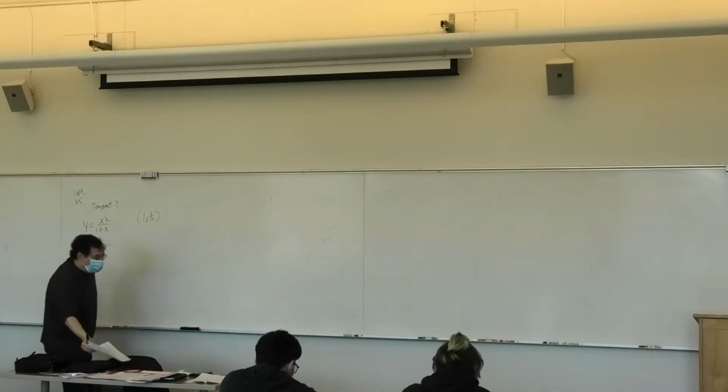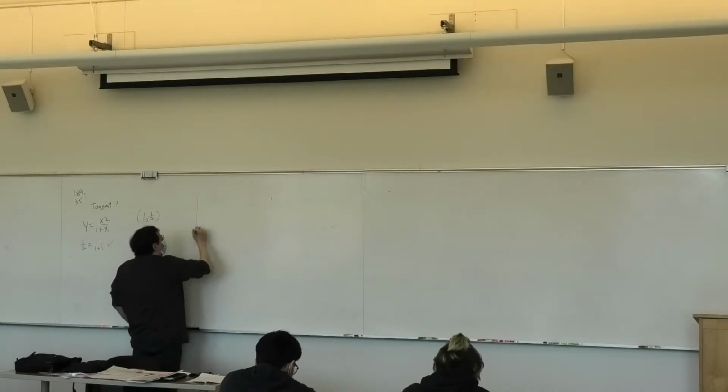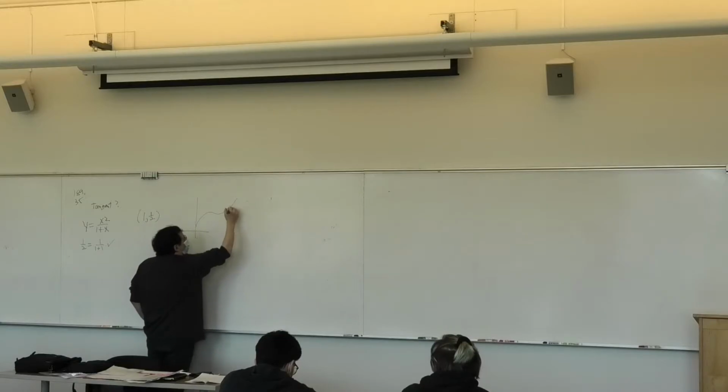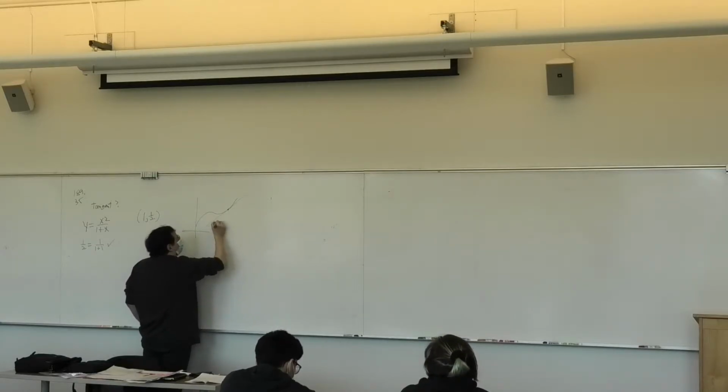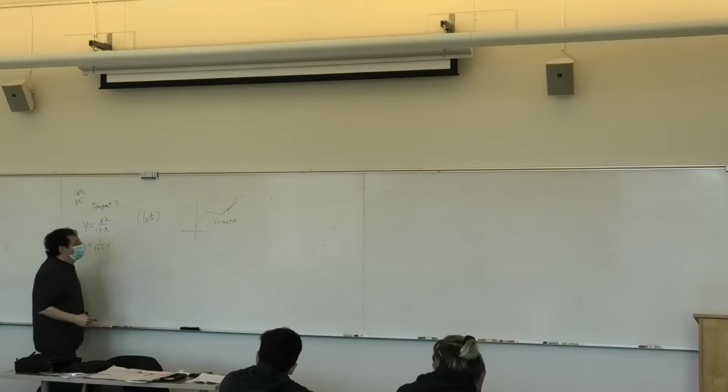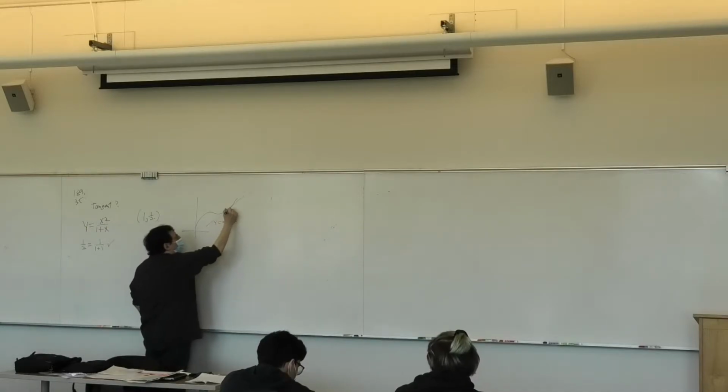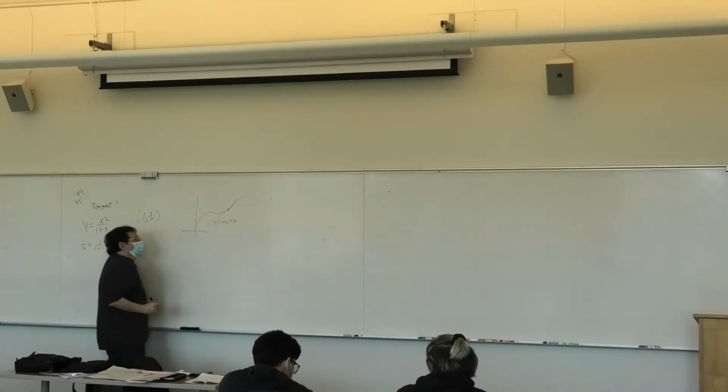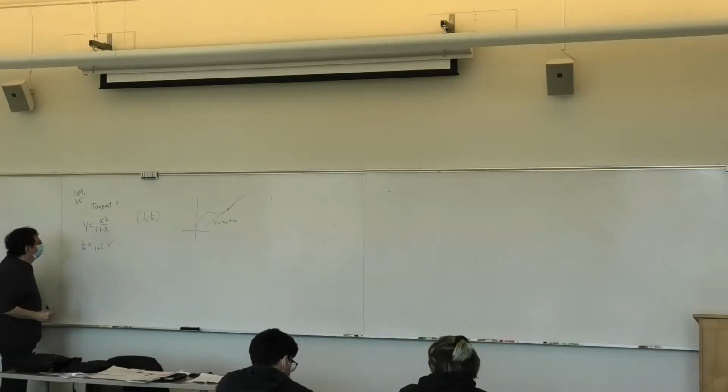So we have some curve. I'm just making this up. And we have some point on it, and we want to find the y equals mx plus b for this tangent line.